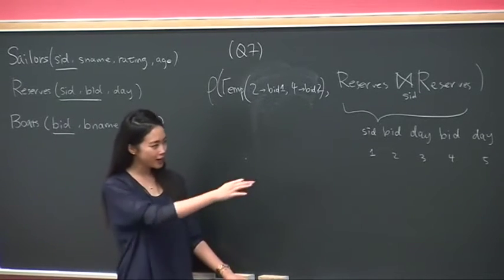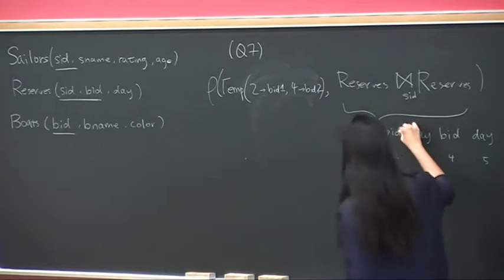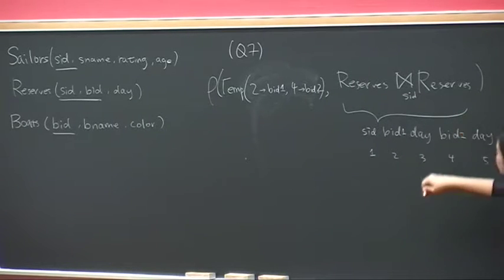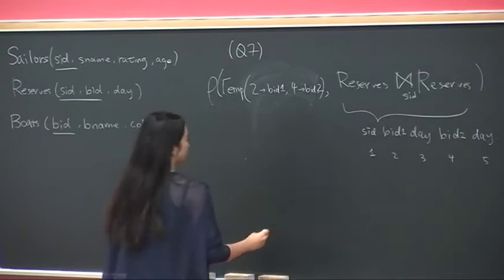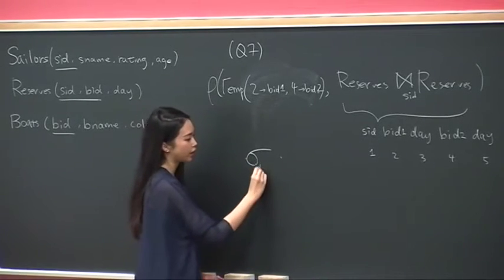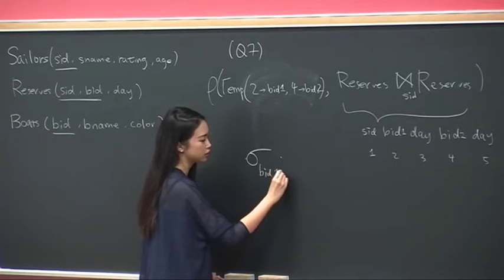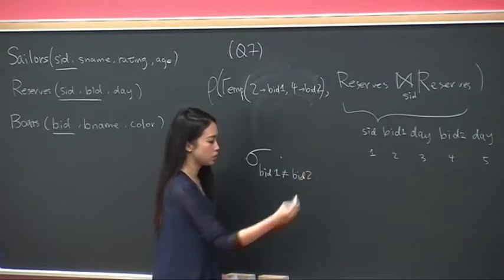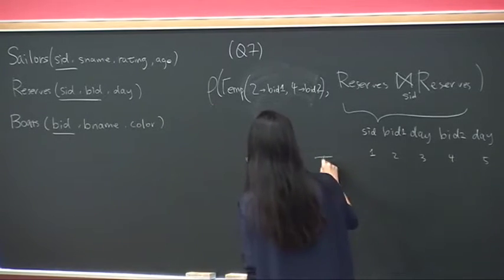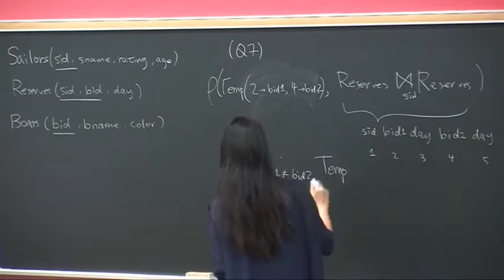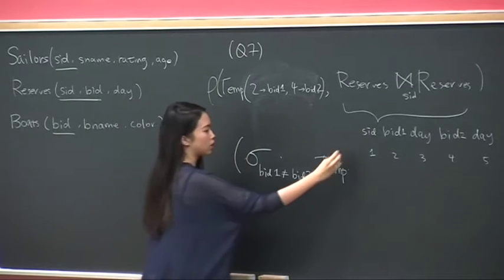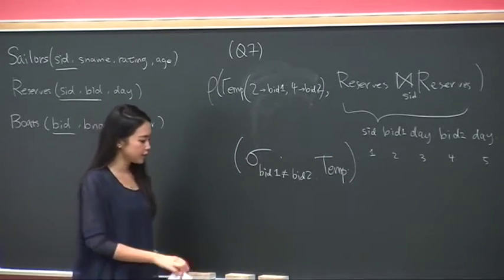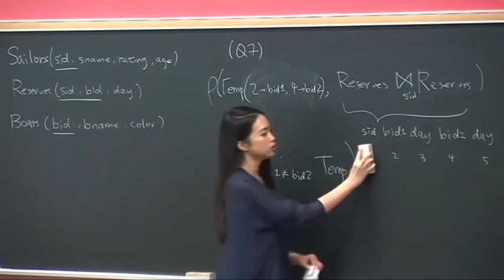Yeah, okay. So now we have this. This part changed to BID 1. This part changed to BID 2, right? So we want to select those rows where BID 1 not equal to BID 2 from this. Okay, and in order to get the sailor's information, what do we need to do?